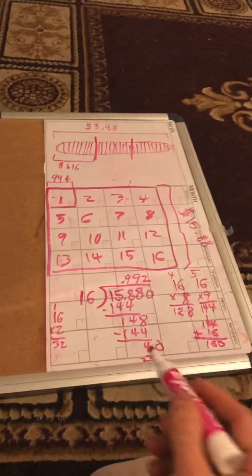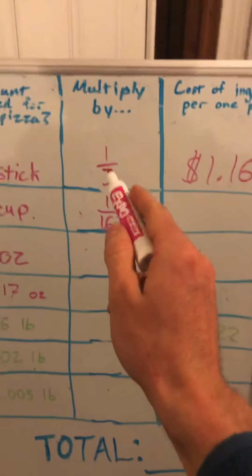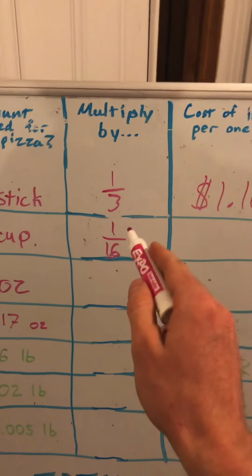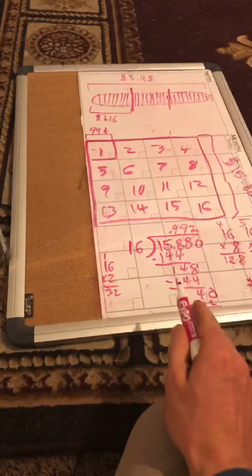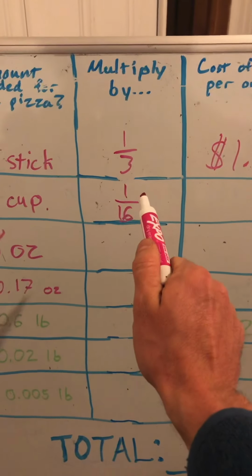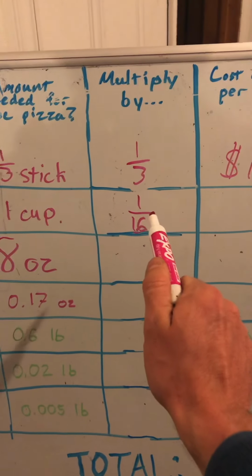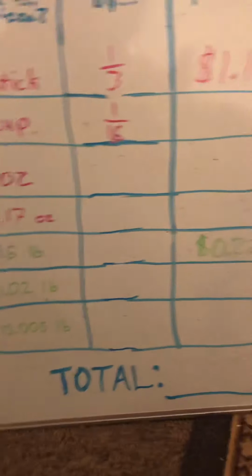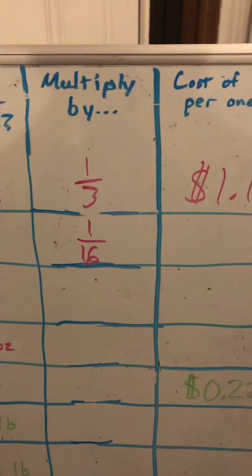Now, you'll notice when I did the math over here, I was dividing, right? This is asking what are we multiplying by? I divided by 16. But guess what? Remember that dividing by 16 is the same as multiplying by 1/16.